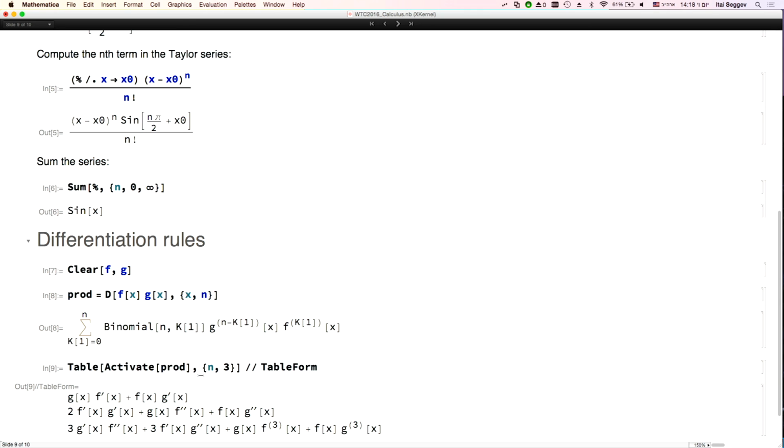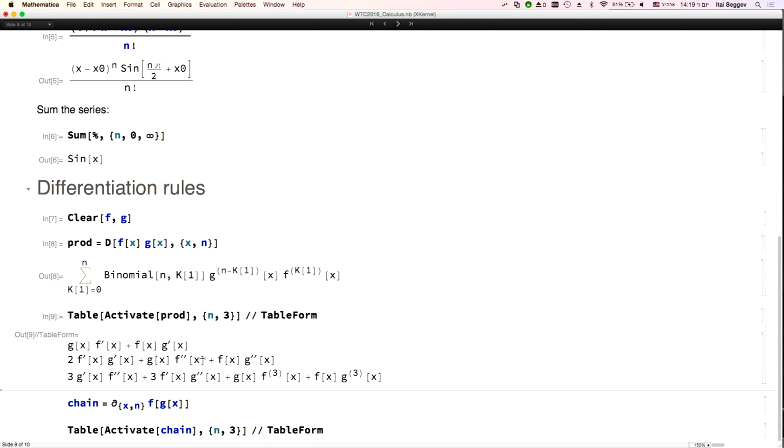If we activate that and then make the table of the first 3 values, we get the familiar product rule, but then the possibly familiar second order product rule and the rarely written third order product rule.